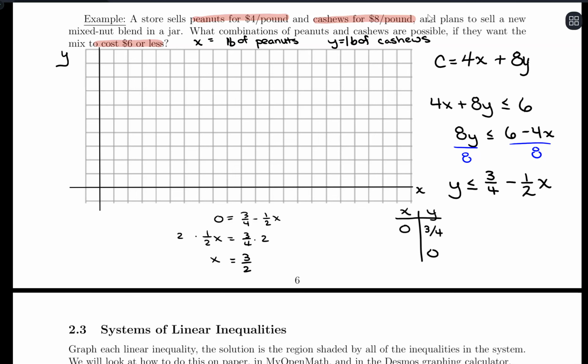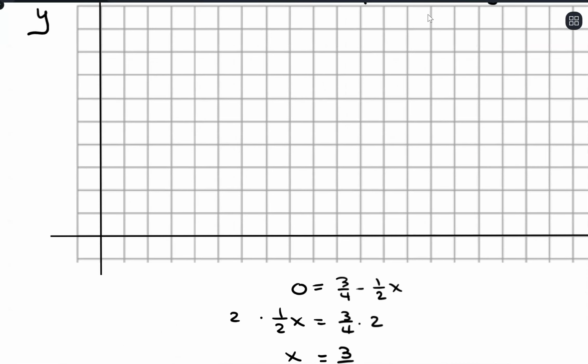Okay, so I'm going to say 8 units is equal to 1. So this is a half, this is 3/4, which we want to graph, and this is along my y-axis, and then that would be 1/4.